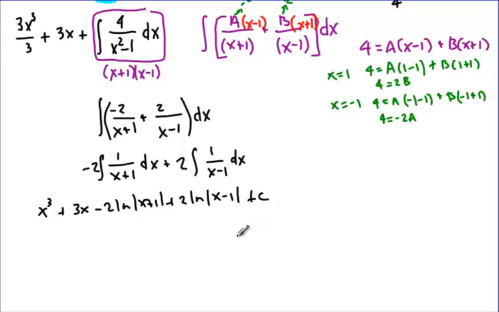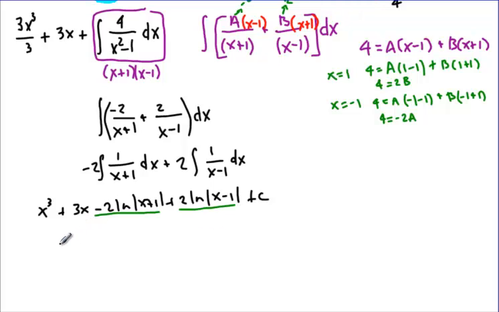Well, this is kind of a clunky looking answer, and so usually we would want to clean this up just a little bit and use your rules of logarithms. If I subtract 2 logarithms, it's the top log minus the bottom. And if you'll notice right here, I've got a negative 2 log x plus 1 and a positive 2 log x minus 1. And it's the positive log minus the negative.